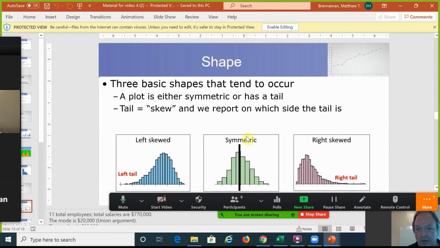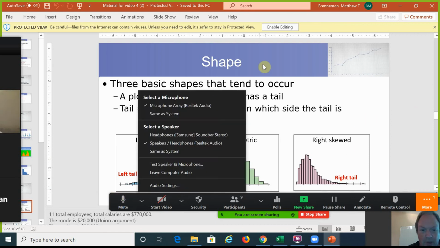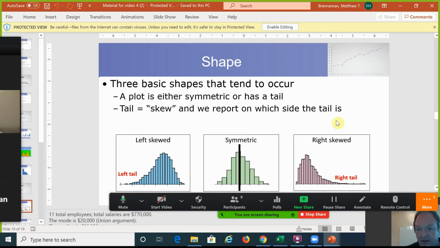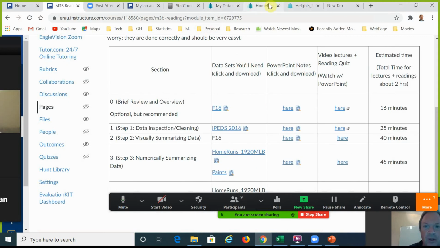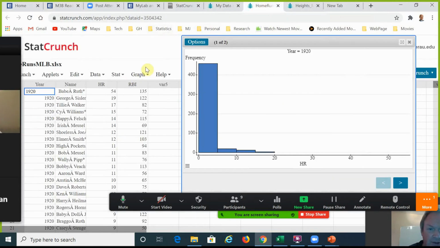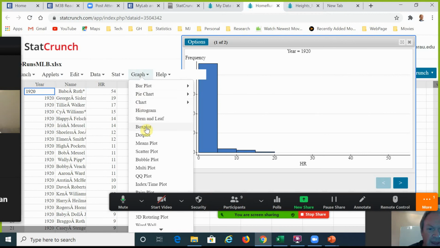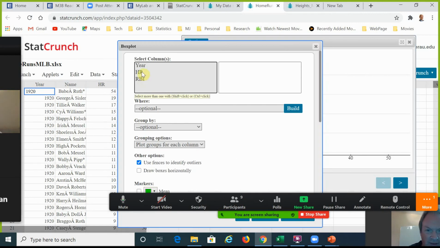Okay, so these are the three alternatives. What you're seeing with left and right skewed is the data is bunched up. And if you go back, let me show you what a histogram would look like with the Babe Ruth data. If you do the Babe Ruth data, and you don't have to do this, I'm just going to do this really quick, just so you can see.